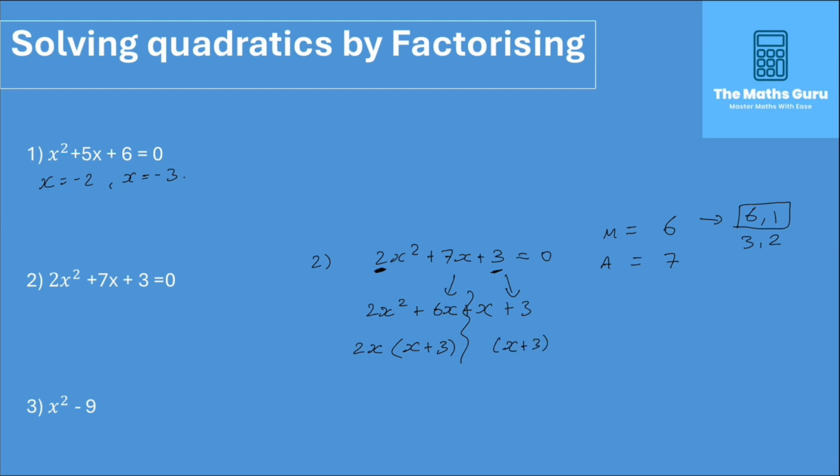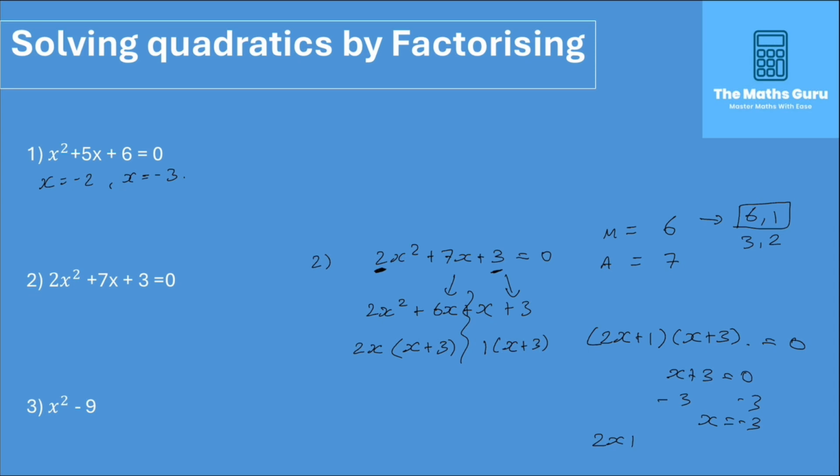To get from x plus 3 to the expression above, we're just going to have to times by 1, and we're going to get the outside bracket to be 2x plus 1, and the inside bracket to be x plus 3. Then, equating these individually to 0, we'll start with x plus 3. Once again, we're going to have to minus 3 from both sides to get x is equal to minus 3.